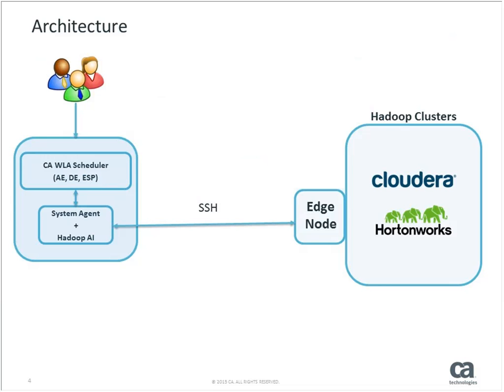With Hadoop Advanced Integration, the implementation is pretty simple and probably very familiar to what you're doing now with the plugins. You would have your CA Workload Automation Scheduler, which in this case is Workload Automation DE.